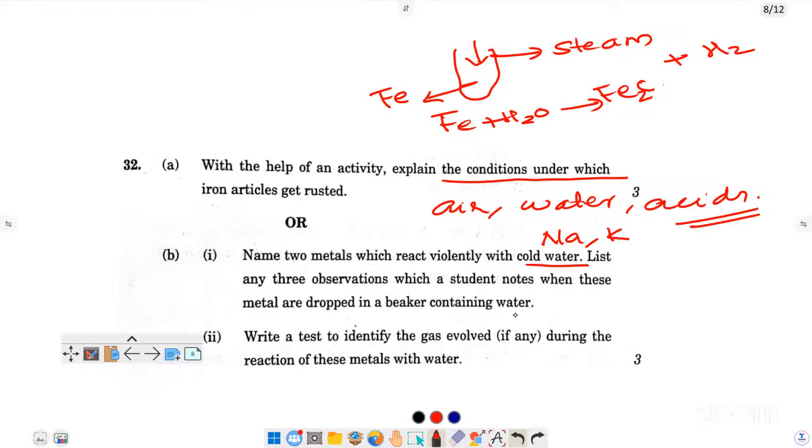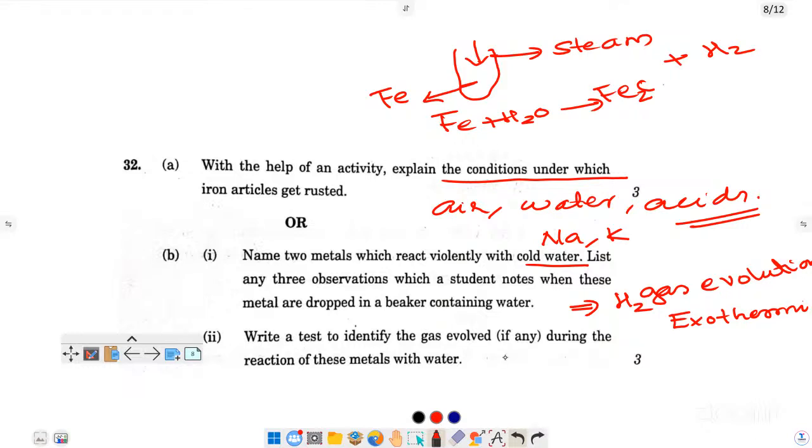So three observations: hydrogen gas evolution, and it is an exothermic reaction also, heat will go out. A pop sound test you can write, no problem. They are asking only the observations.